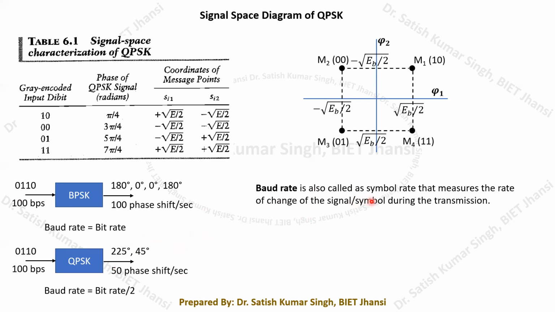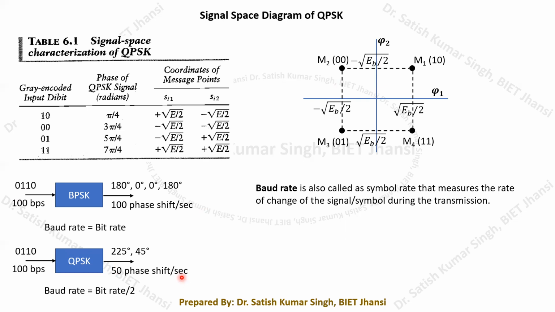So how many such symbols are we sending? When we are not sending the carrier but just sending the bits, whatever the bits are, the same will be the baud rate. But here it is not the same, because these bits are manipulating the phase part of the carriers. Two bits are changing the phase, and therefore here we can see that 100 bits per second we are applying, but the corresponding phase shift is 50 phase shifts that we can observe per second.